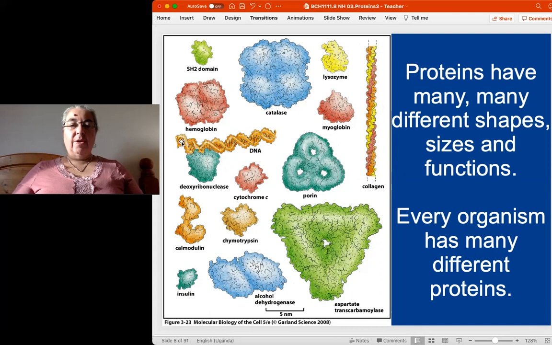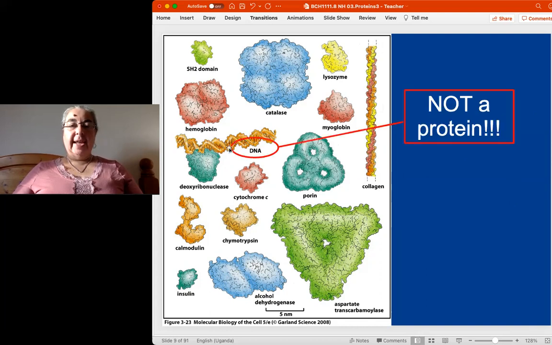Here is something long and thin, which is not a protein. This is DNA. It's put into this diagram because it's interacting with deoxyribonuclease, but please don't think that this means that DNA is a protein. DNA is a nucleic acid. Its building blocks are nucleotides, not amino acids.